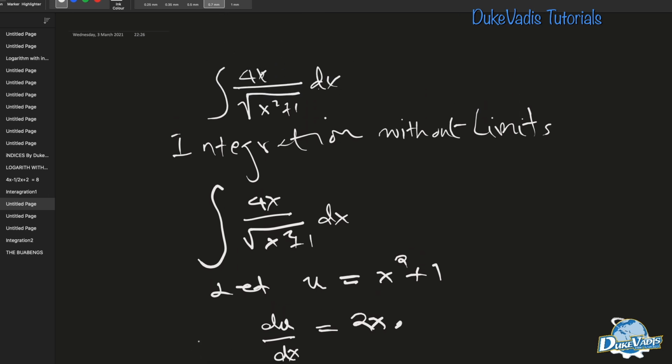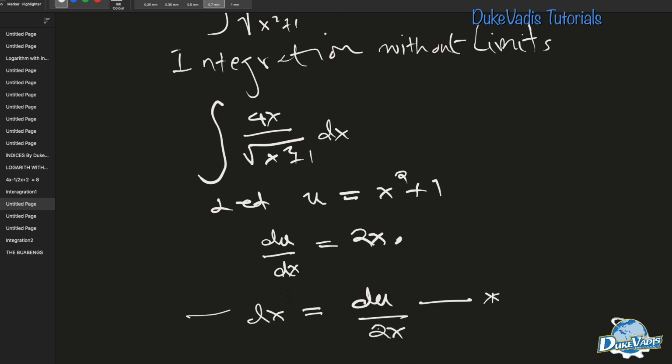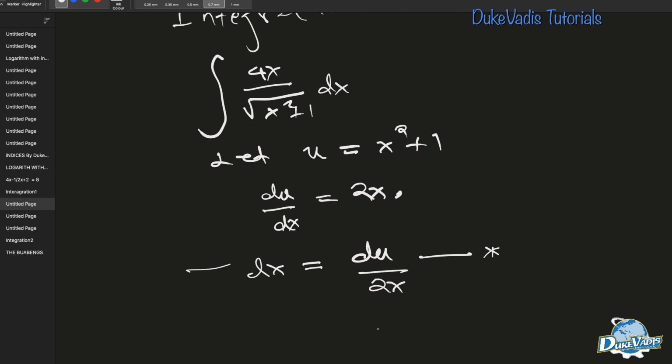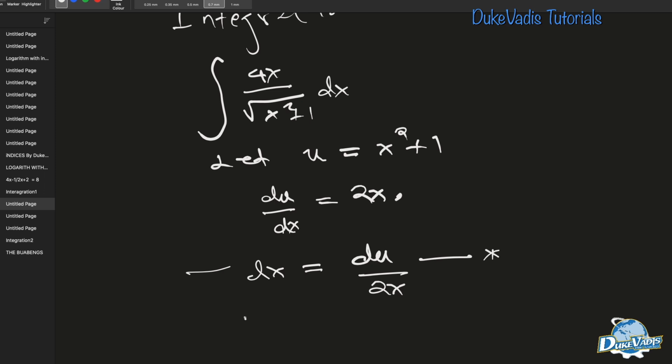So therefore, as we said, let u be equal to x squared plus 1. When we differentiate, du/dx, we get 2x. We make dx the subject, then we do substitution back into the equation. Then our equation will be the integral of 4x all over the square root of u multiplying dx.